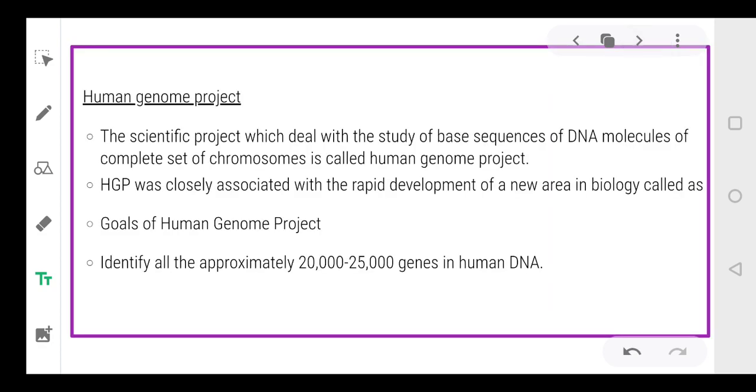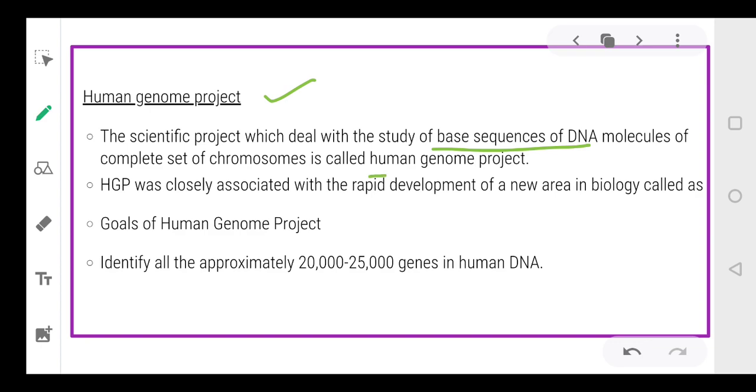So the human genome project, when it was initially started, is a scientific project that deals with the study of base sequences of DNA molecules. We know that DNA has a double helical structure, right? This project involves the study of the base sequences of DNA molecules in your entire chromosome set.